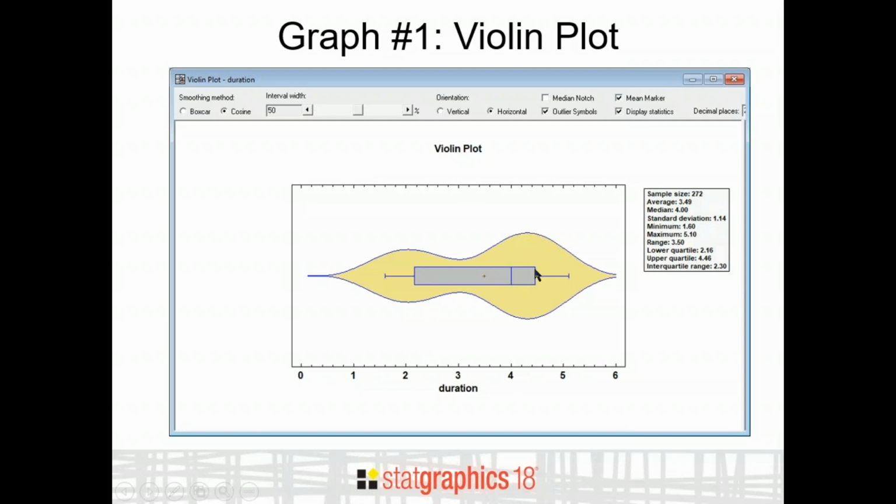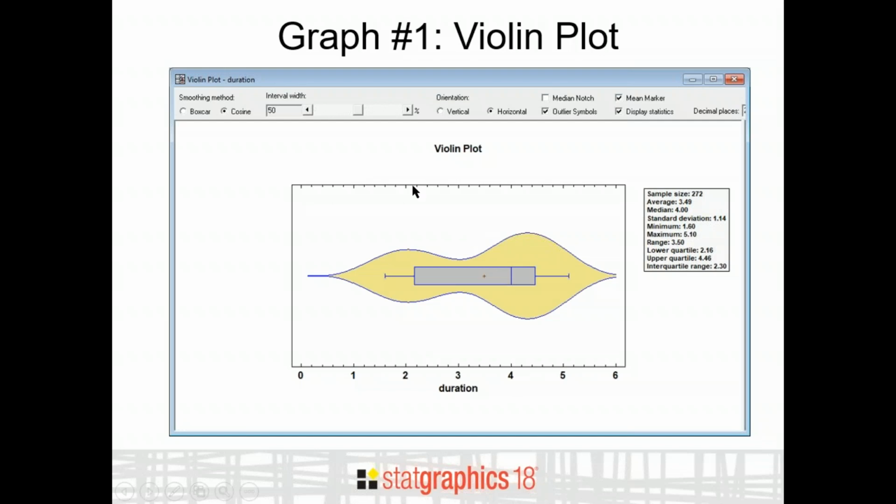Well, the box and whisker plot is quite useful in illustrating certain aspects of a set of data, but it misses a lot of the important information about the Old Faithful eruptions. So what we've done with the violin plot is we've added above and below the box a non-parametric estimate of the probability density function over that range of duration.